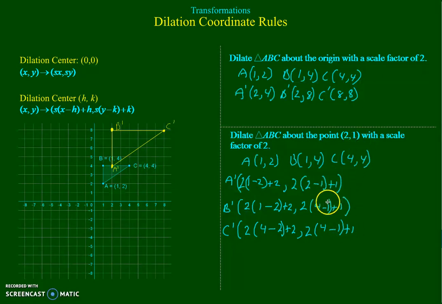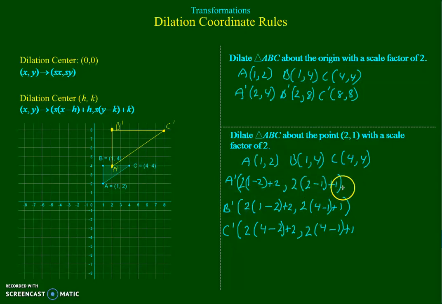Notice, minus 1 plus 1, minus 1 plus 1, minus 1 plus 1. Minus 2 plus 2, minus 2 plus 2, minus 2 plus 2. So if you organize your work right, this becomes fairly easy. As long as you figure out the first one, the rest of them are fairly straightforward. They're just repeats. The only thing you're changing is the x-coordinate of your point and the y-coordinate of your point.